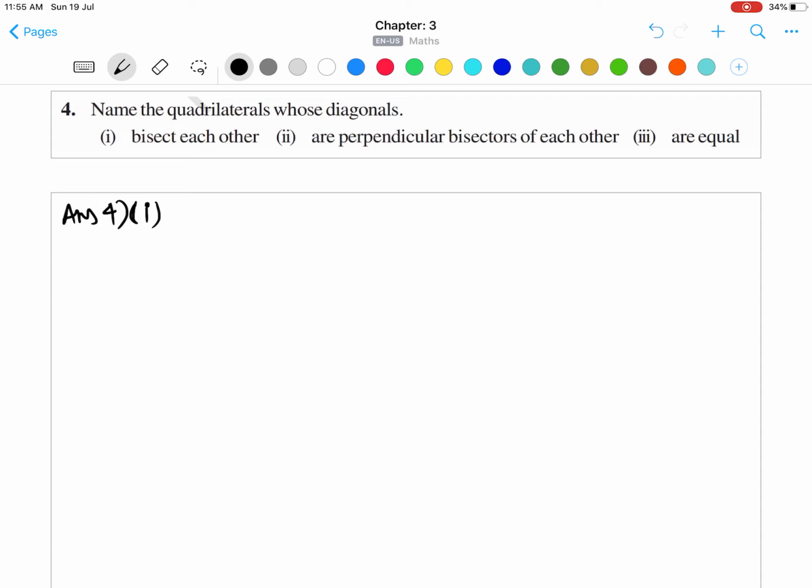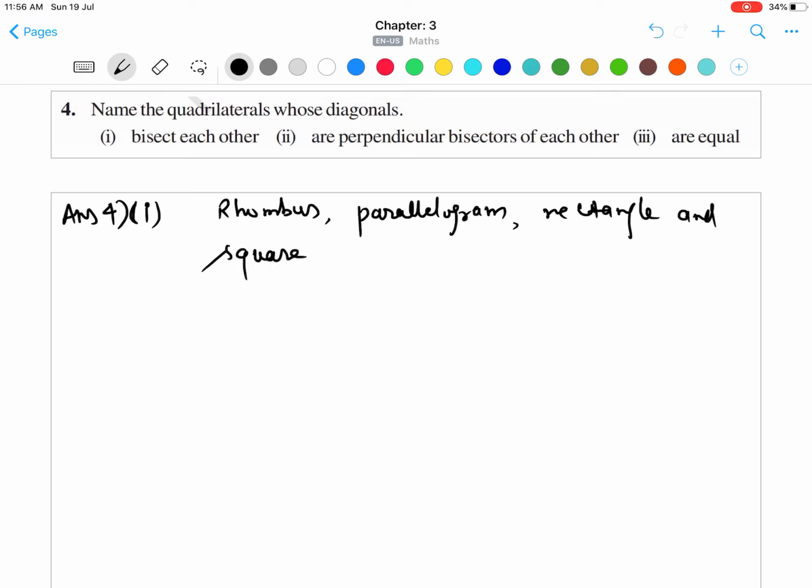So we have rhombus, then we have parallelogram, then we have a rectangle and square. In all these four figures, the diagonals bisect each other.